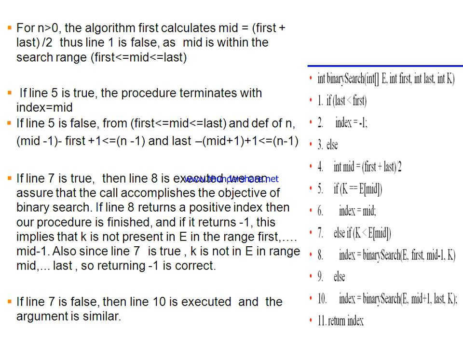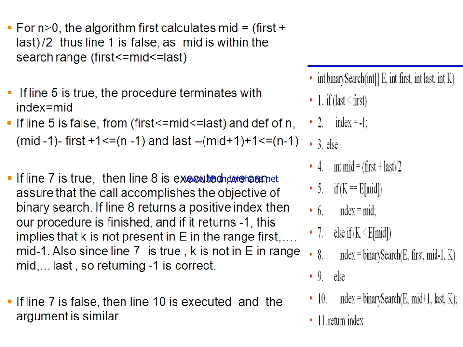So for n greater than 0, the algorithm calculates the middle value and processes until the element is found or a single element is left in the list. Two conditions. So this is binary search, which processes the element search in a recursive manner until the element is found in the list or not. This is up to today's class.